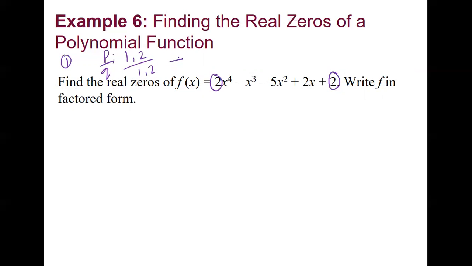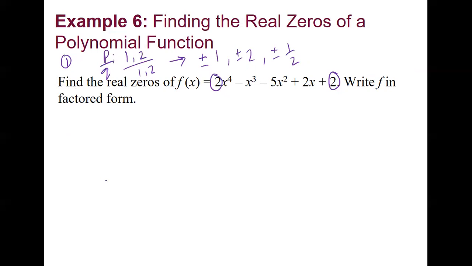So therefore, my potentials are plus or minus 1, and plus or minus 2, and plus or minus 1 half. Exactly. No point of writing it twice, right? Do you understand why these are our potentials?